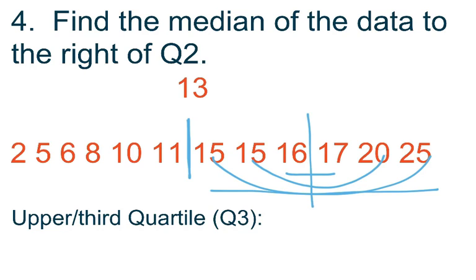Well, between 16 and 17 is 16 and a half. Could have got the same thing by adding 16 plus 17, which is 33, and 33 divided by 2 gives me 16 and a half. Okay, so the upper quartile, or Q3, is 16 and 5/10, or 16 and a half.